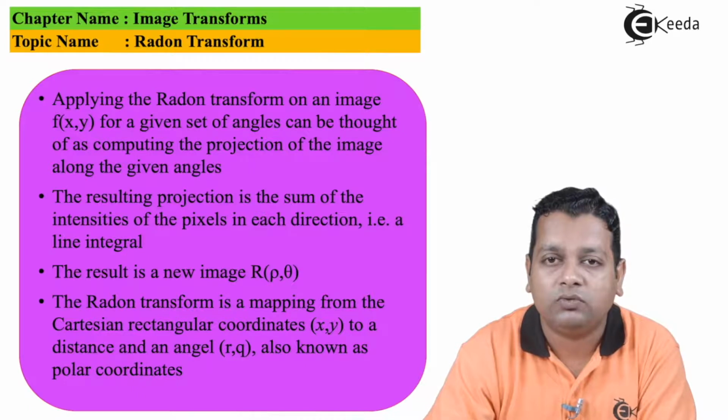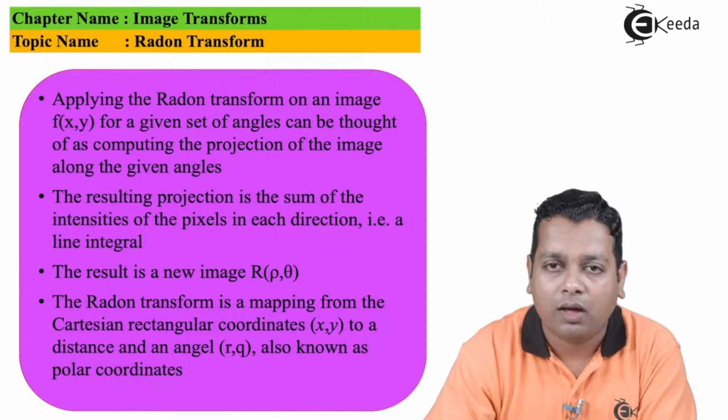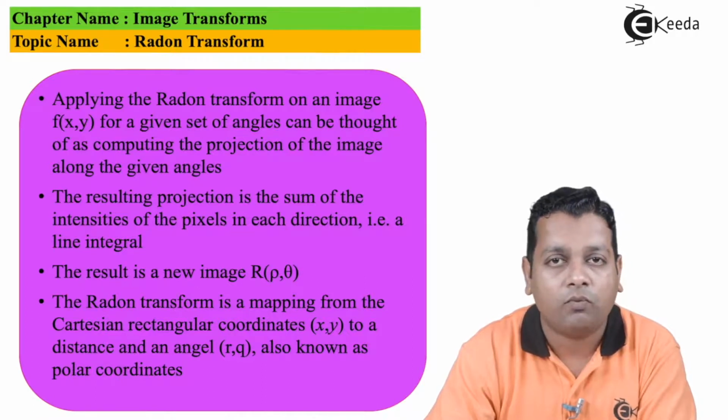The result is the new image that is represented as R as a function of rho and theta. So here we see that as we transform the image with the help of Radon transform, the earlier representation f of x y changes to R as a function of rho and theta. Here x and y are both the spatial coordinates, the spatial dimensions of the image, the measurement of lengths or simply the pixels.